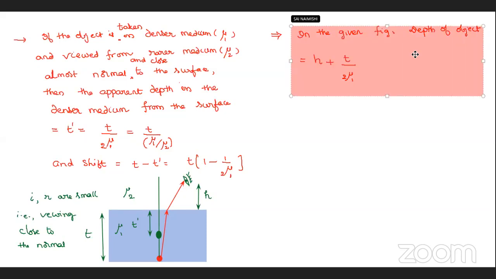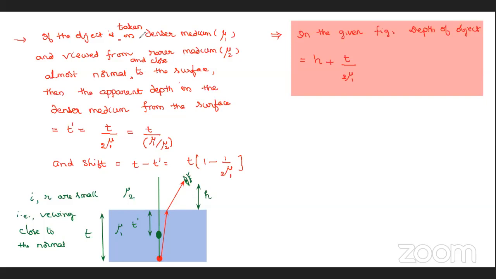This is the depth of object, considering the height of the eyeball from the surface. In this model we consider the object as small, neglecting the sizes, the length and breadth of the object. And then we put the formula as depth of object is equal to h plus t by mu, and that too with object position fixed and eyeball position fixed.